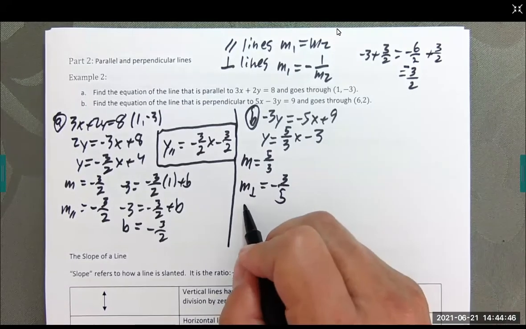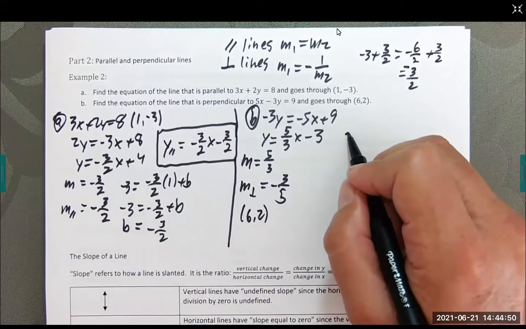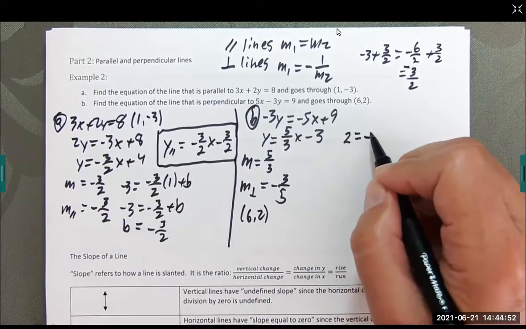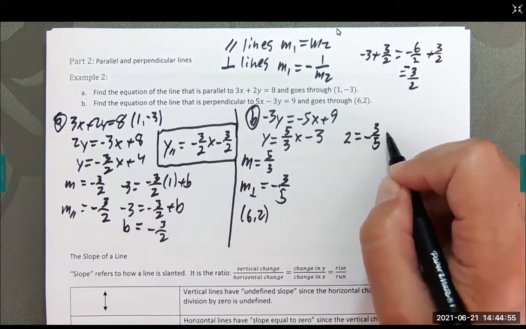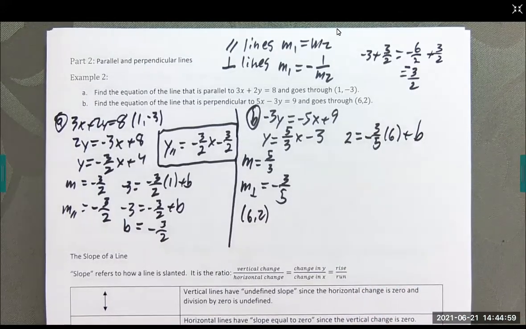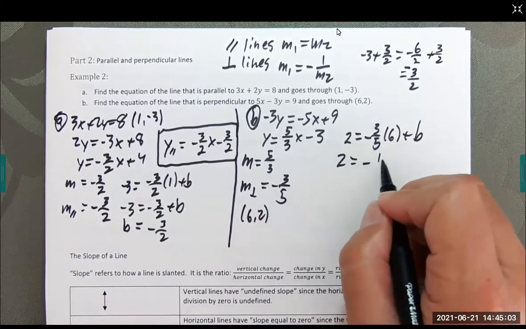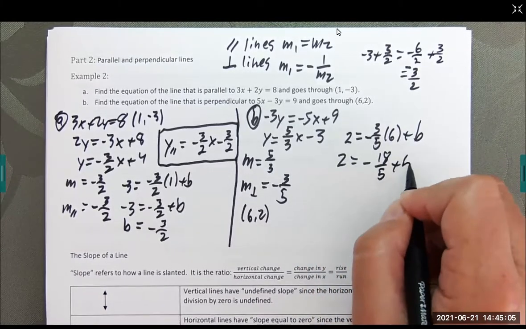And we're going through the point 6, 2. We'll use slope-intercept form again. 2 equals negative 3/5 times x, which is 6, plus b. So 2 equals negative 18 over 5 plus b.